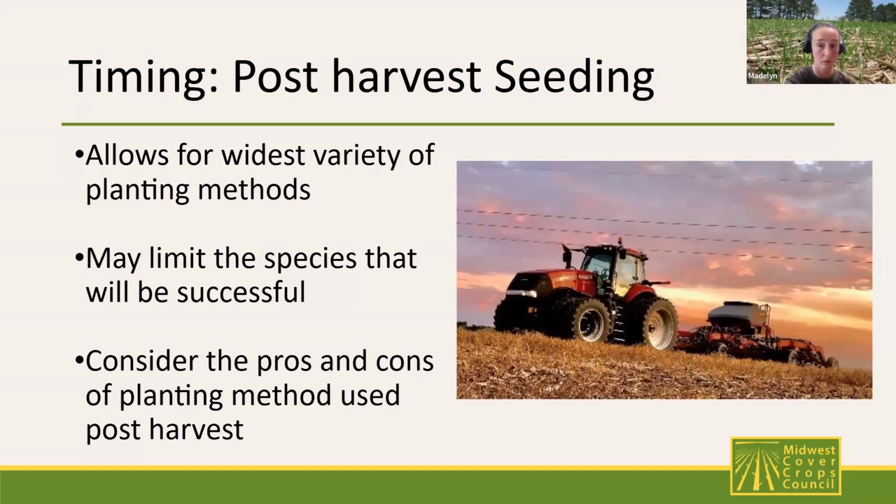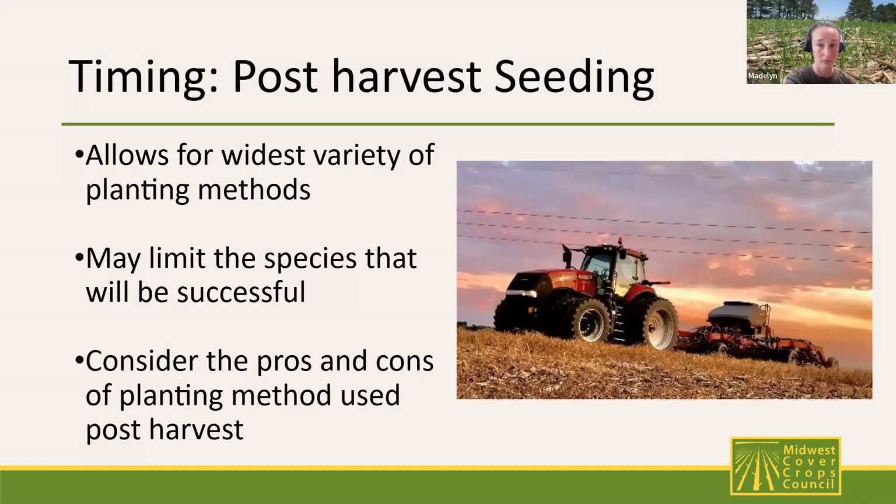The main problem here, especially here in the Midwest, is going to be that there may be a limited window between harvest and when any kind of killing frost might happen. So that limits the species that are going to really be successful and really give you your bang for your buck.